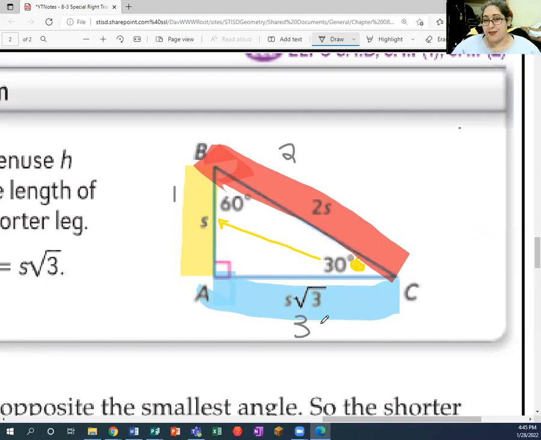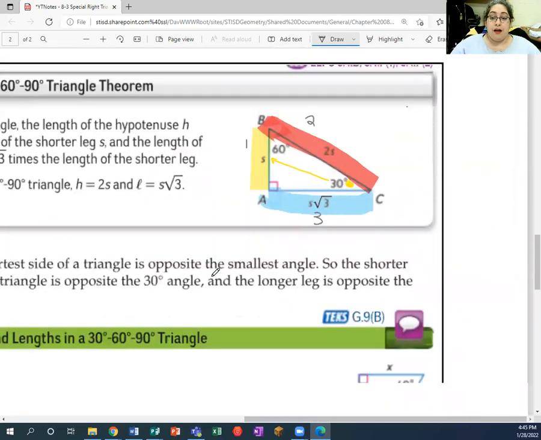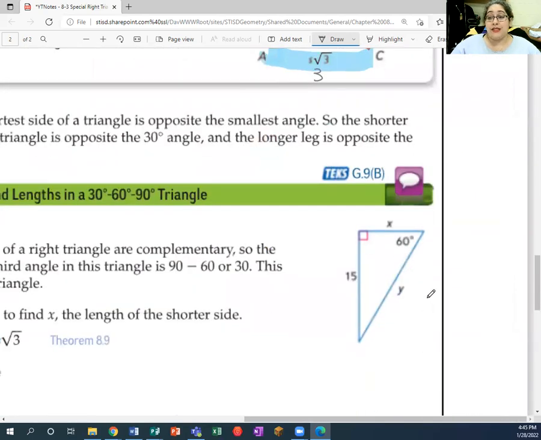We had to throw the square root in there somewhere. Once again, you're welcome to use the Pythagorean theorem to confirm this and to show that this value will indeed appear. All right, let's go ahead and use this to solve.